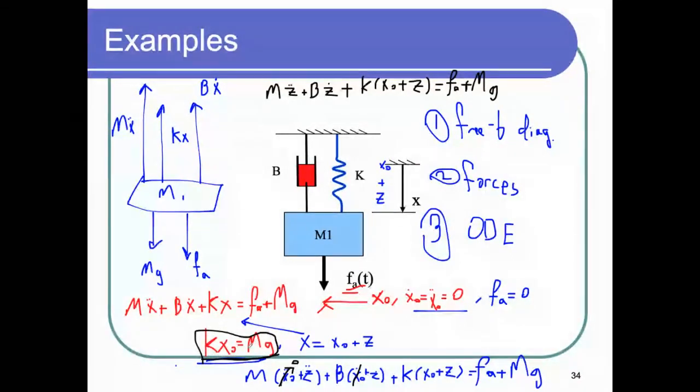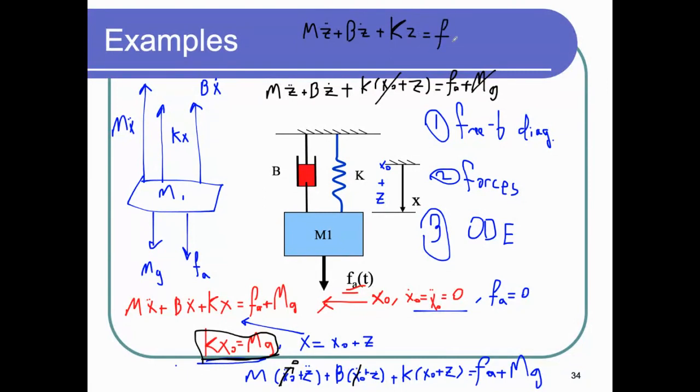The force due to the spring at the equilibrium position is the same as the gravitational force. So I can cancel these two, and we get m z double dot plus b z dot plus kz is equal to F_a. Notice what happened here.